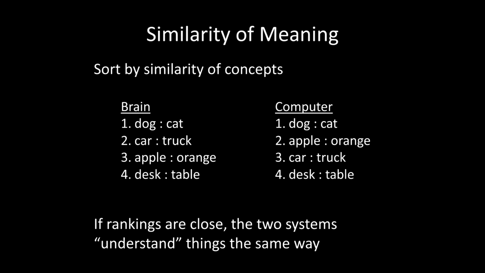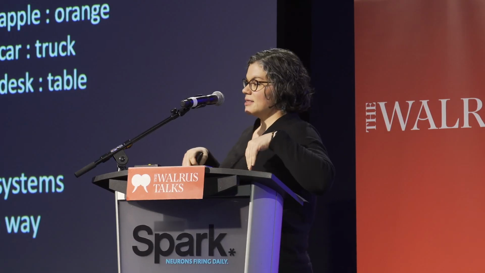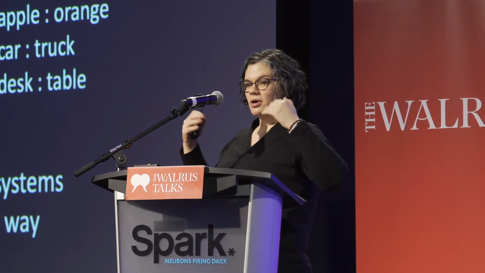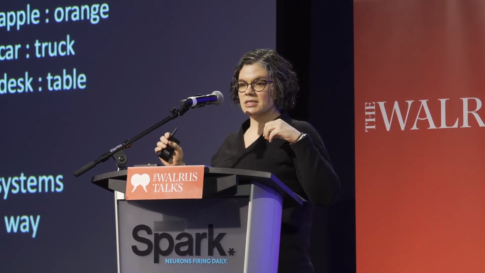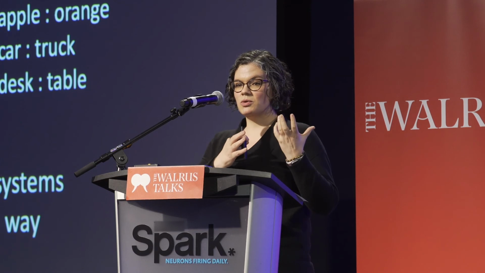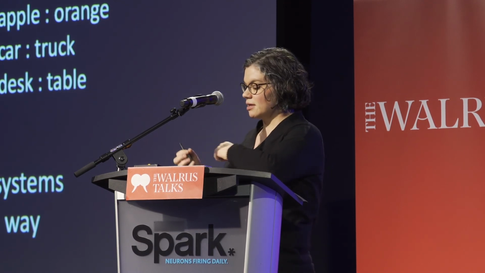Essentially we're going to take pairs of concepts, like dog and cat, car and truck, and compare how similar they are using the list of numbers from brains and from computer models. We would like to rank these pairs and check if the ranking is similar across the two data sources. If it's similar, then we would say that computers understand things in the same way that the brain does.